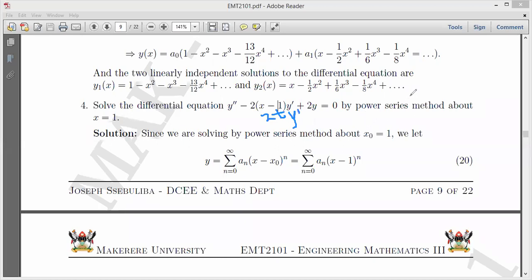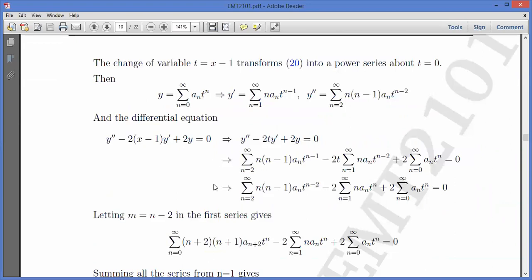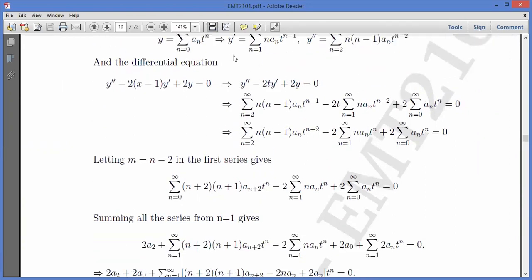Because remember, when you take x minus 1, it means this x minus 1 must become t. Right. Okay. So that's what we are now doing here. So when we do that, this 2 times x minus 1 becomes 2t. That is why you see here we have now a 2t right here. This is y prime prime. And our y prime prime has become minus 2 times x minus 1, but x minus 1 is t. That is the minus 2t, y prime plus 2y.